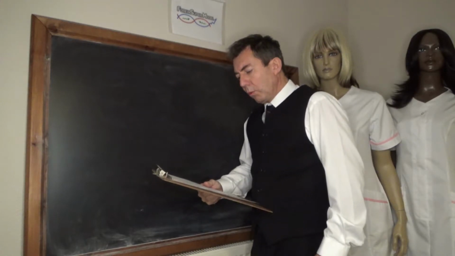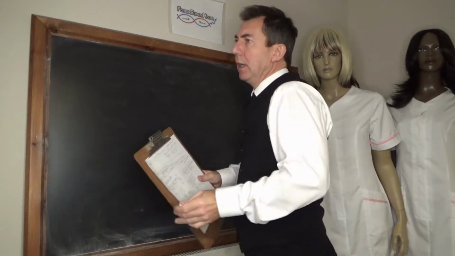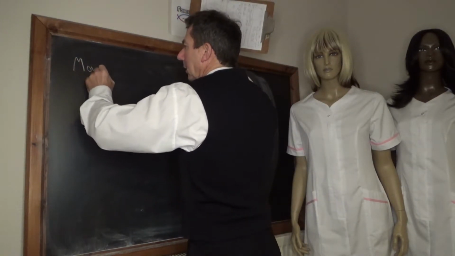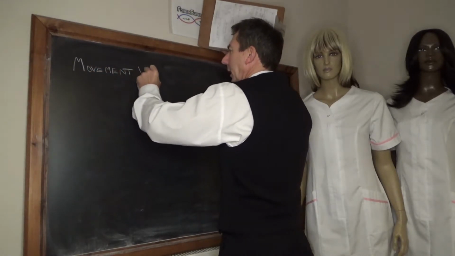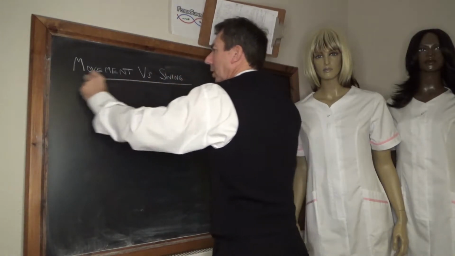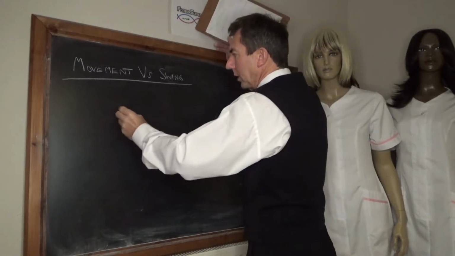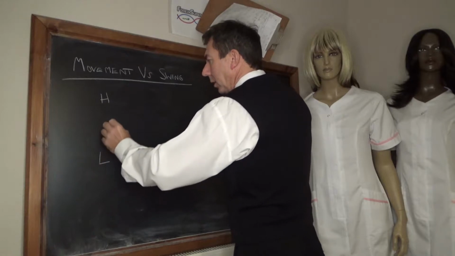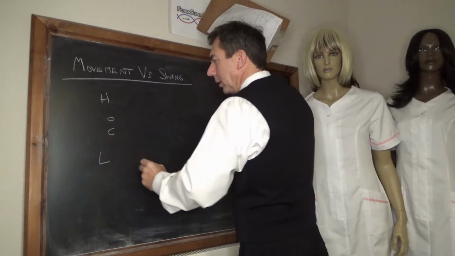So one of the things to look at is movement versus swing. So what do we mean by that? Let's suppose on your normal candle you've got a high and a low and an open and a close.